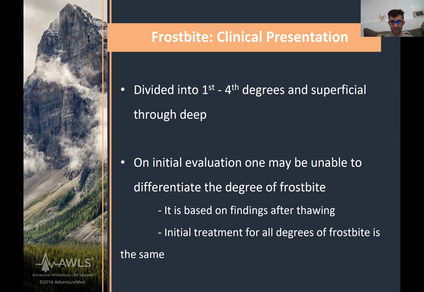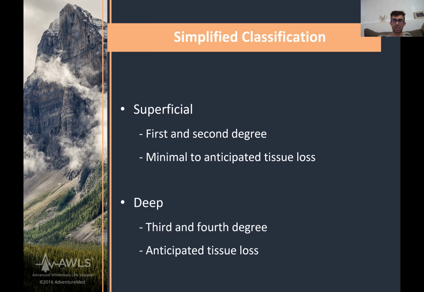So it's not really that pertinent for the actual austere setting, other than knowing it is significant enough of an injury, regardless, to require evacuation. To simplify this, superficial includes first and second degree, minimal anticipated tissue loss. With deep, it is third and fourth, and there is going to be tissue loss.